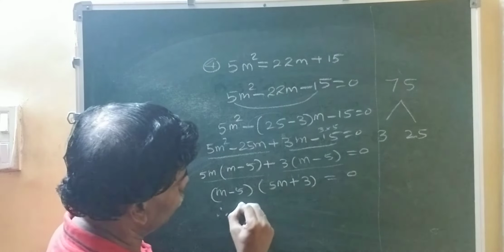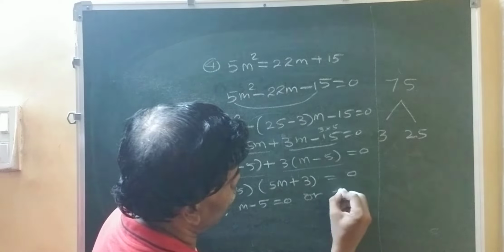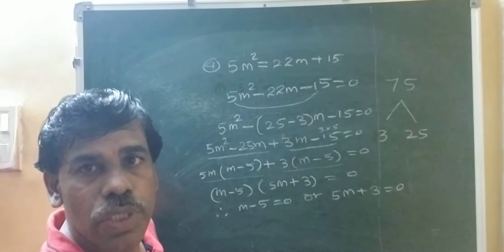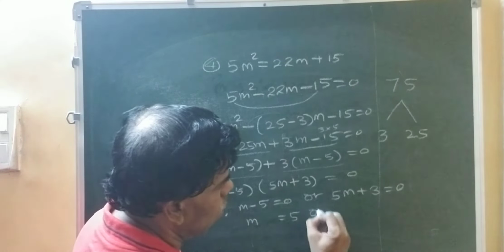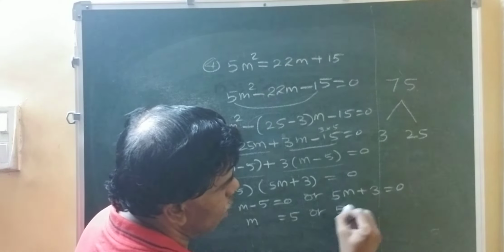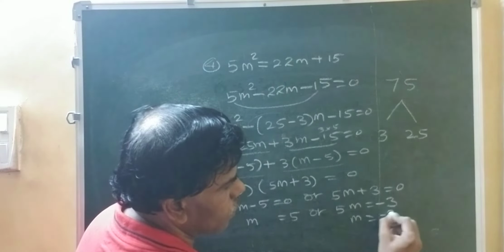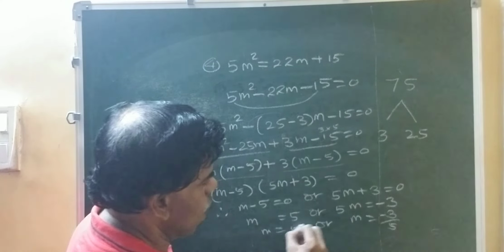Therefore m minus 5 equal to 0 or 5m plus 3 is equal to 0. Therefore m equal to 5 or 5m equal to minus 3. Therefore m equal to minus 3 upon 5 or m equal to 5.